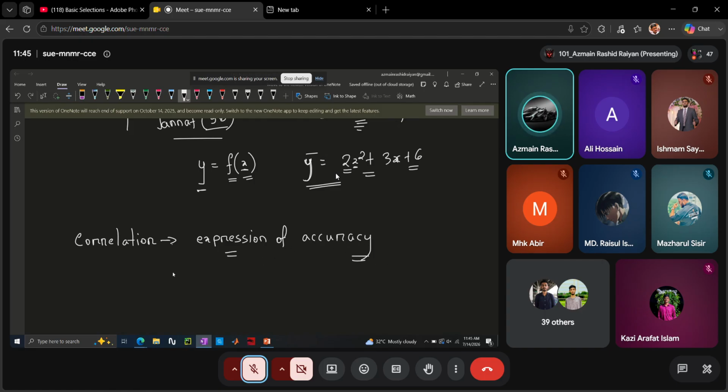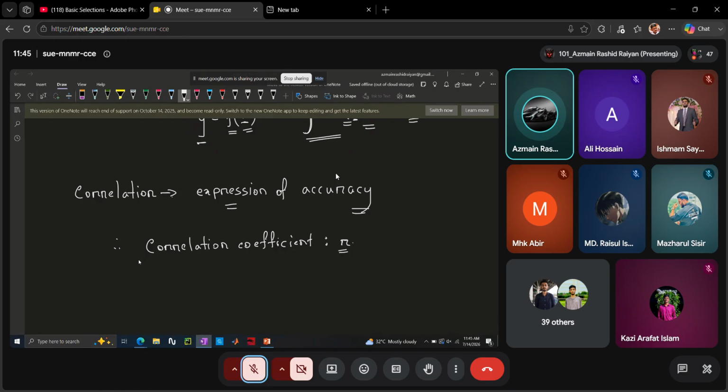First, let's learn how the correlation coefficient is denoted. The correlation coefficient is denoted as a small r. The correlation coefficient value varies from -1 to +1.